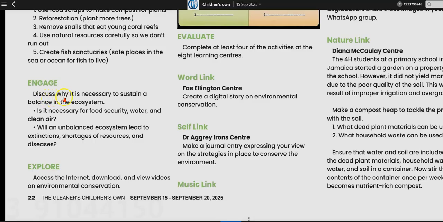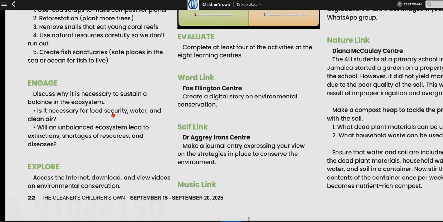Engage. Discuss why it is necessary to sustain balance in the ecosystem. Is it necessary for food security, water, and clean air? Will an unbalanced ecosystem lead to extinctions, shortages of resources, and disease? So the answer to these would be yes. If we don't have balance, then we won't have food security, meaning at some point the plants and trees that provide us with food might die off, so we will starve.